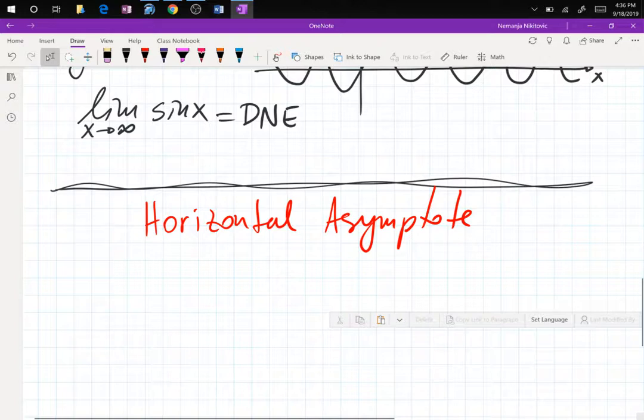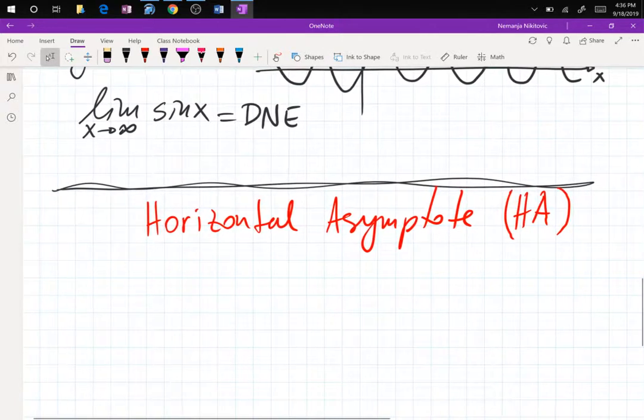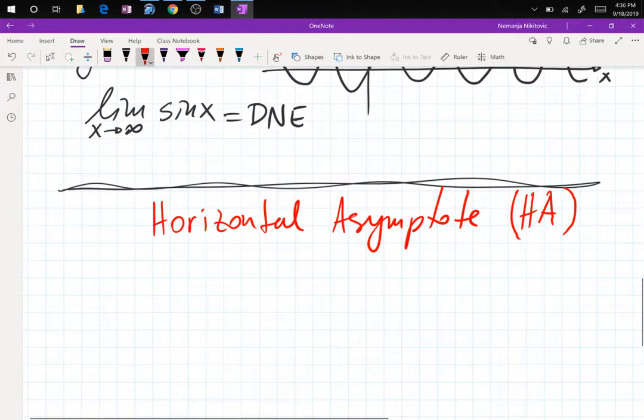Now, you did have this in your pre-calculus course, and you had this for a single type of function. It was a rational function. I even know it's section 2.6 in your pre-calc course. Only rational function, when you divide a polynomial by another polynomial. That was the only place where you dealt with horizontal asymptote, and you were forced to memorize the rule.